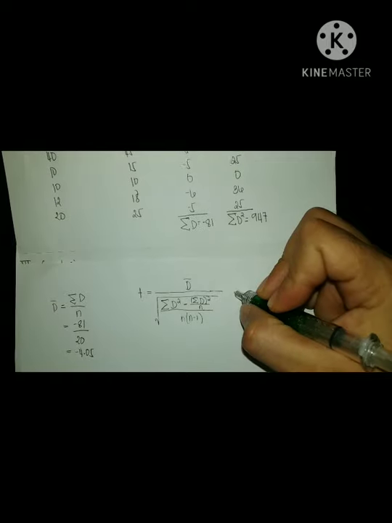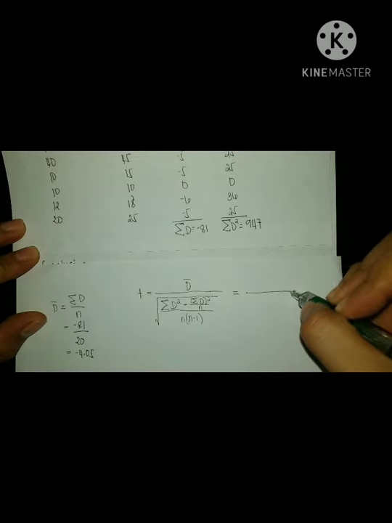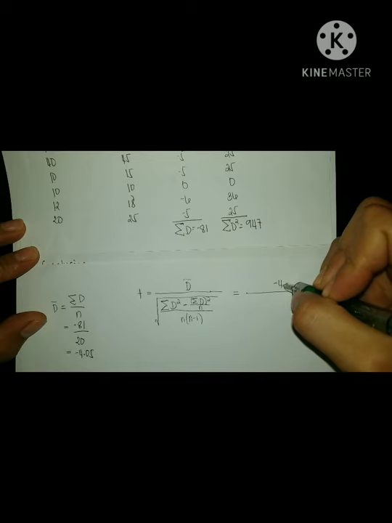Then we are now ready to substitute all the values into our formula. For our d bar, that will be negative 4.05.